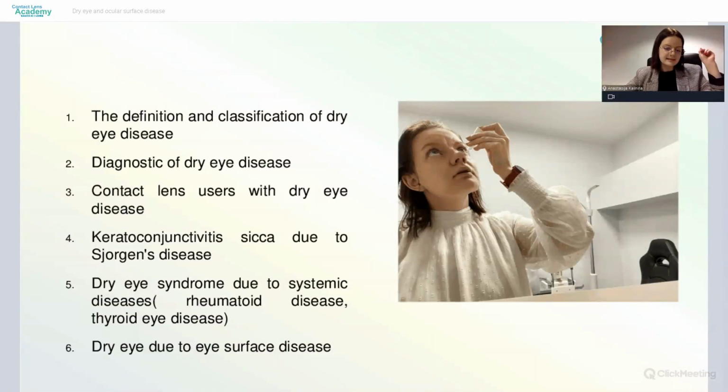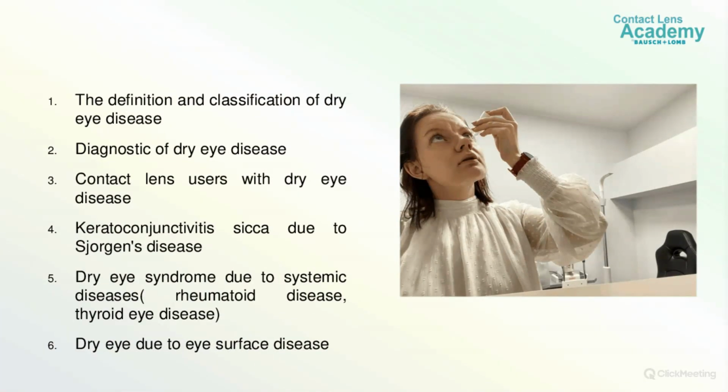The next and biggest part will be about diagnostic tools. In the end, I'm going to present some clinical cases of dry eye disease in contact lens users. And Dr. Teresa will continue about dry eye disease from the medical point of view.